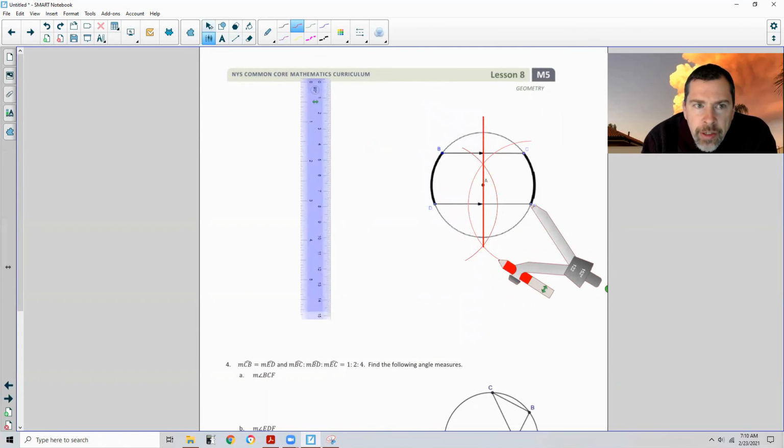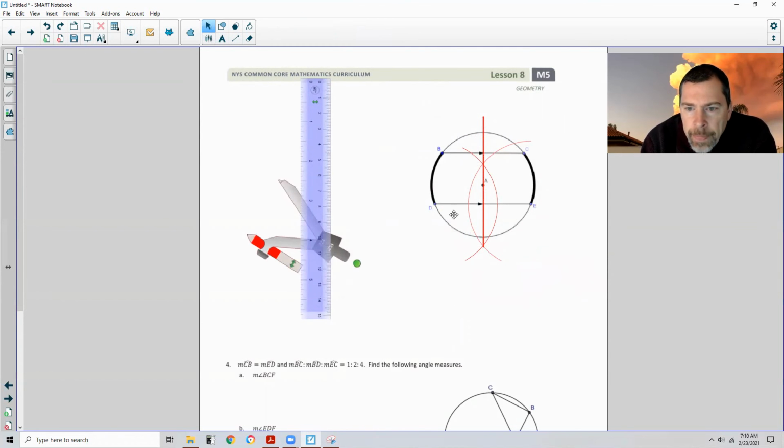So what I've just done is drawn perpendicular bisectors. This point right here is the center of BC, and this point right here is the center of DE, the midpoint. If I erase my construction marks now, like so, if you were to fold this circle over, C would land on B because this is a perpendicular bisector.